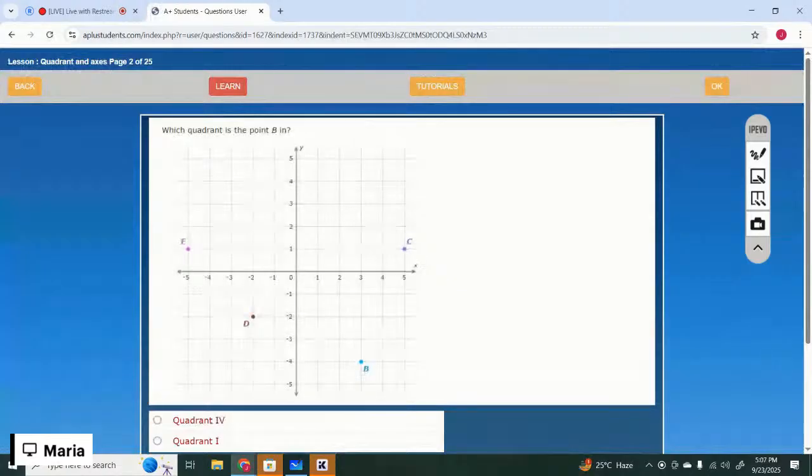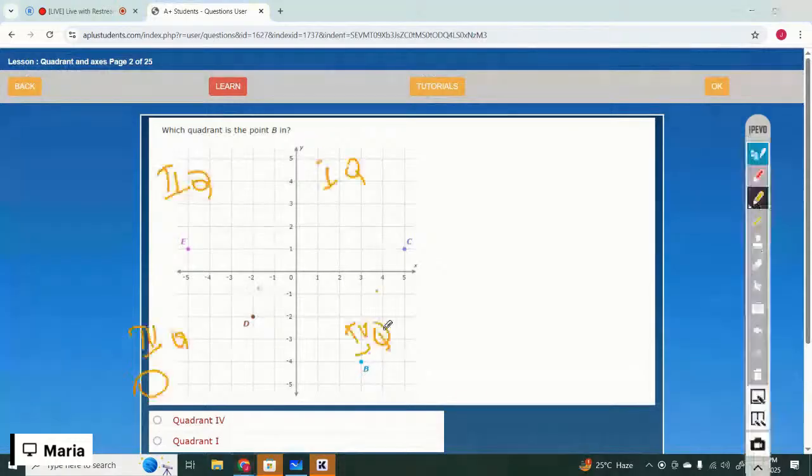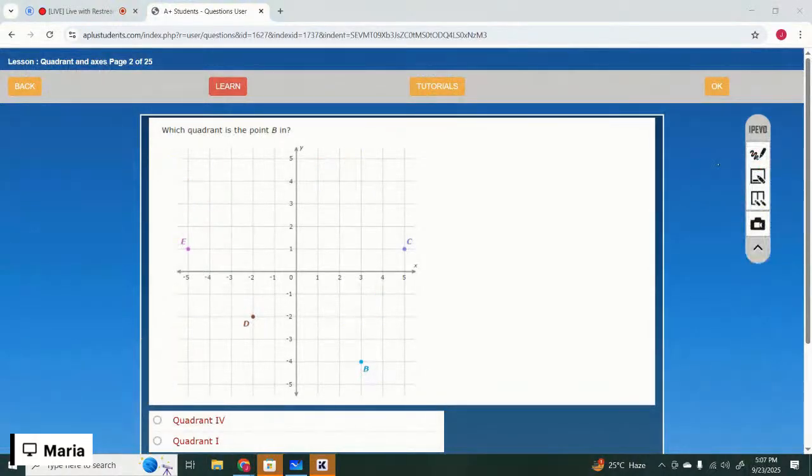Which quadrant is point B in? Where is point B? Here it is. So which quadrant is it? It is the fourth quadrant. Option one is the correct option.